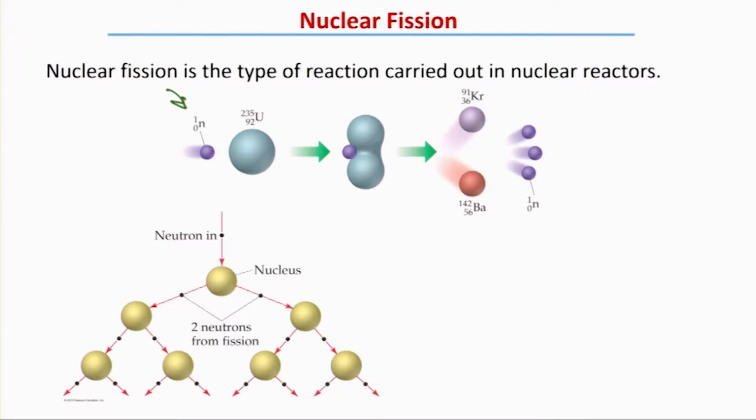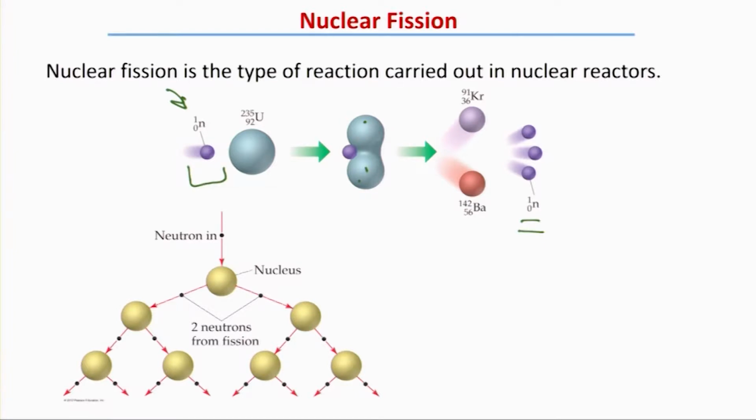It causes this nucleus to split into two other smaller daughter atoms, a krypton and a barium. In the process, it also releases more neutrons. So it took one neutron in, and now you have made three more.